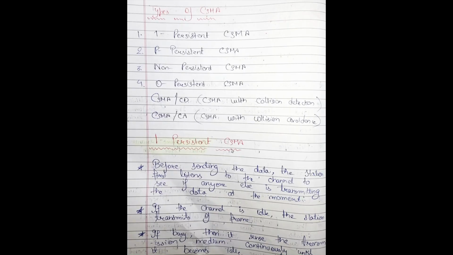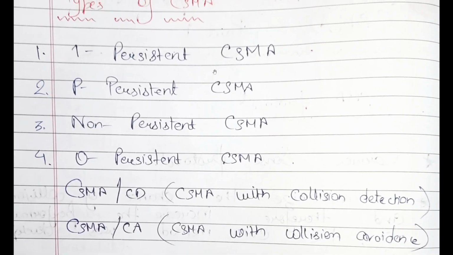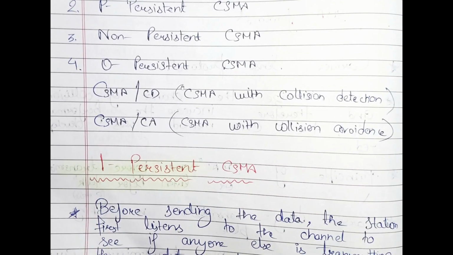Now, types of CSMA: 1-persistent CSMA, p-persistent CSMA, non-persistent CSMA, CSMA/CD, that is collision detection, and CSMA/CA, that is collision avoidance.